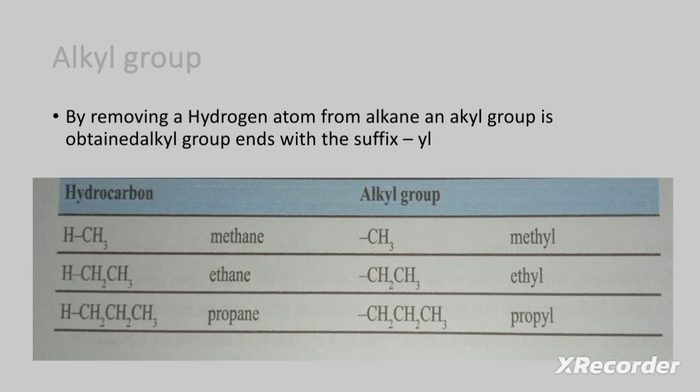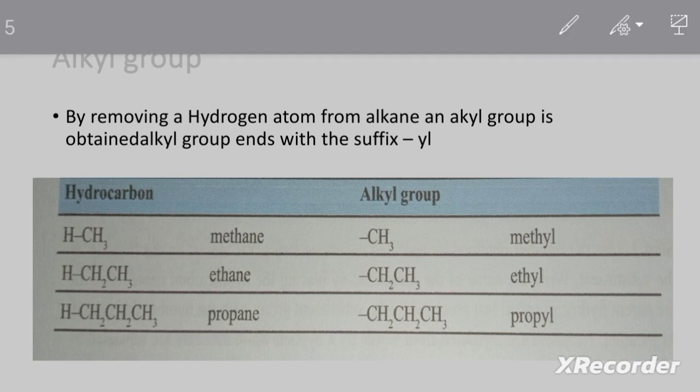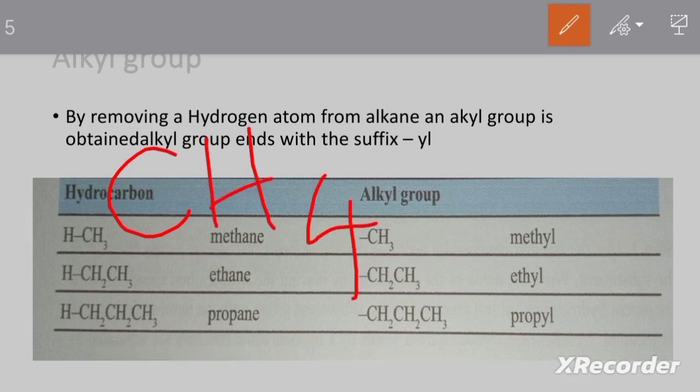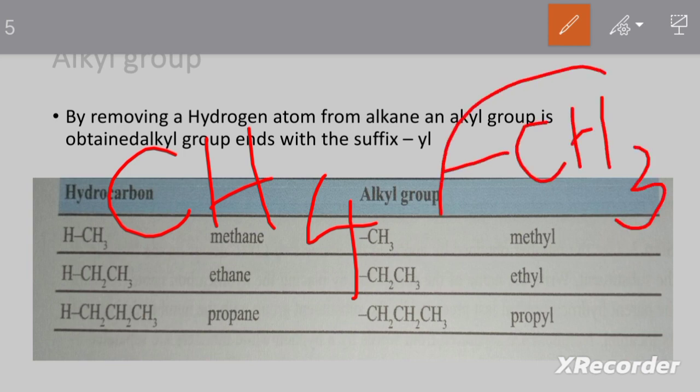An alkyl group ends with the suffix yl, right? We know that there is an alkane, CH4, right? If I remove a hydrogen atom from this, I can write this as CH3. So this is an alkyl group.